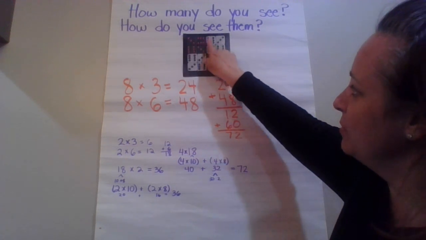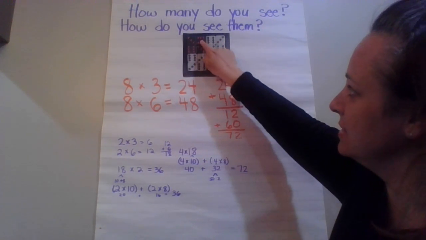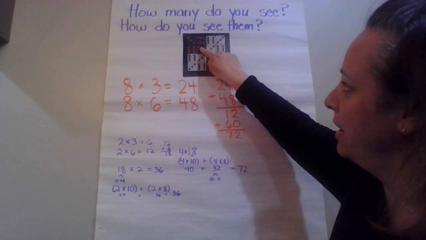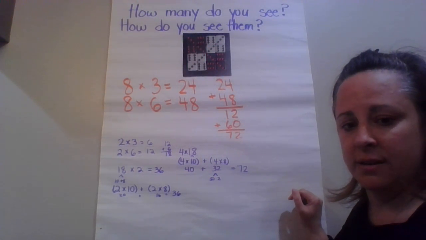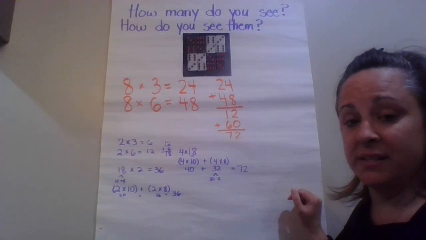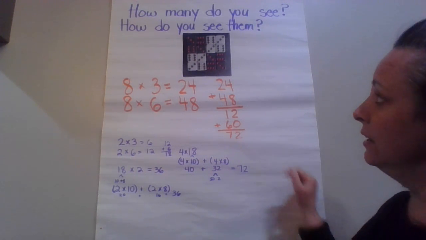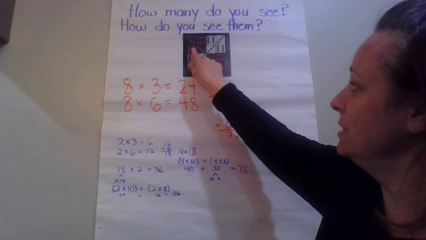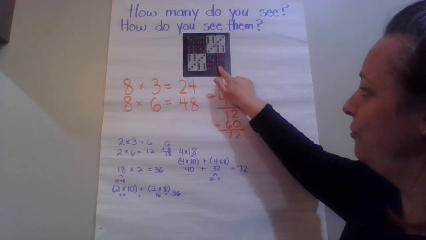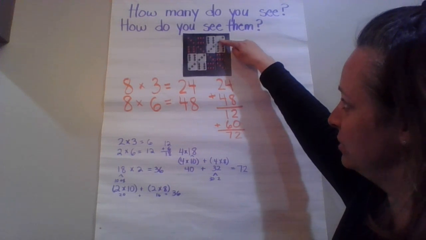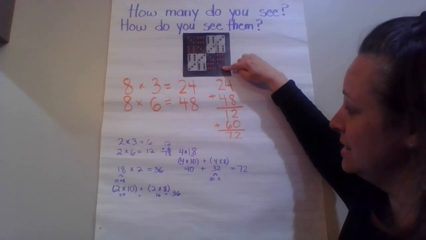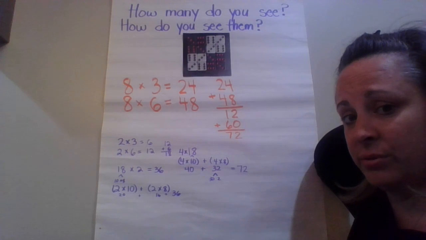So I have the same amount in this row as I did in my 4 dark dice. So that means I still have 4 groups of 18. I have 1 group of 18, 2, 3, 4. I wonder if it's the same in columns. 6 and 6 is 12, plus 3 is 15, plus 3 is 18. It works for columns too.